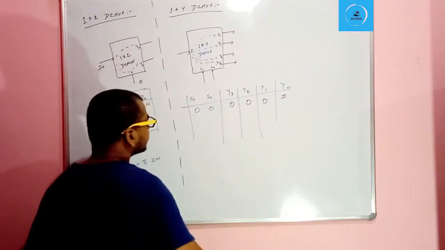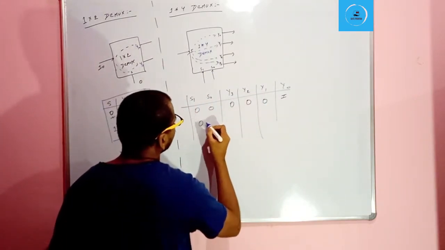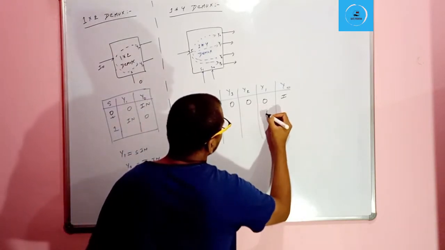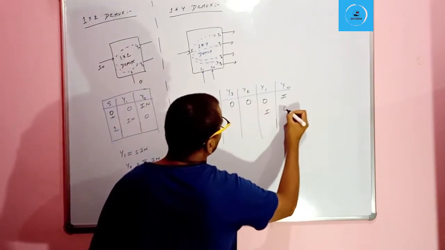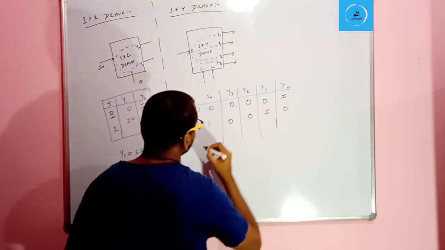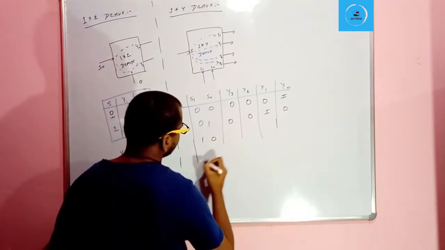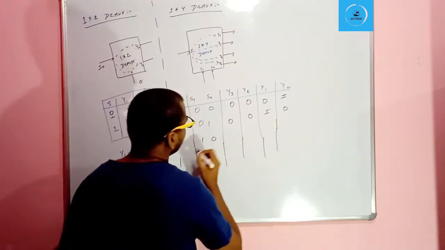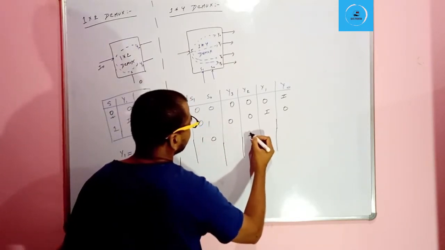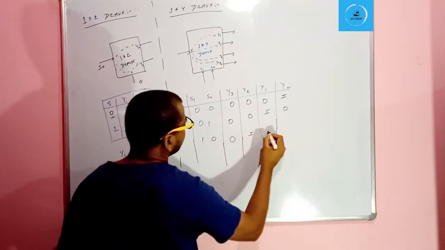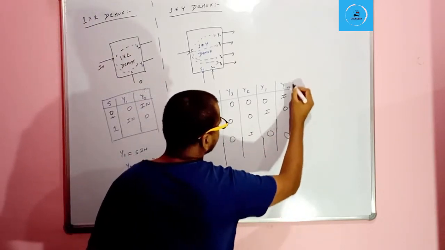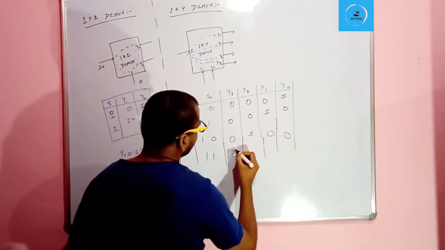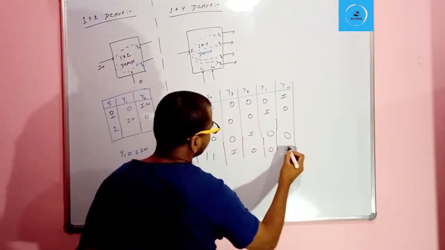For 0 1, y1 will be equal to I and all others will be 0. For 1 0, y2 will be equal to I and all others will be 0. And for 1 1, y3 will be equal to I and all others will be 0.